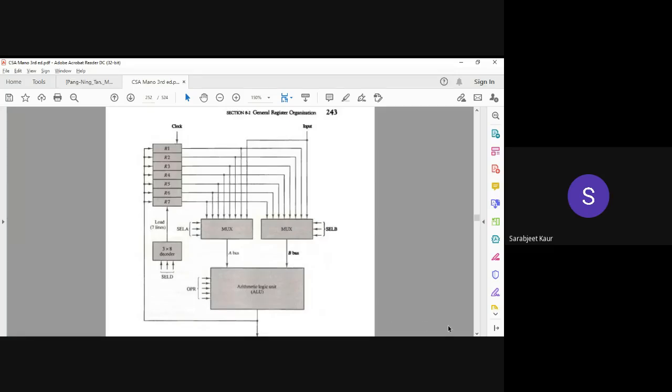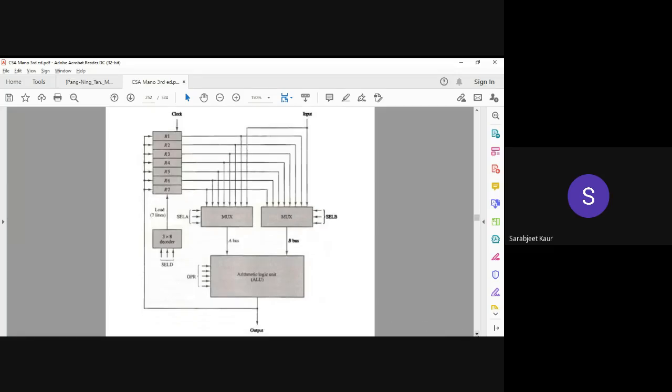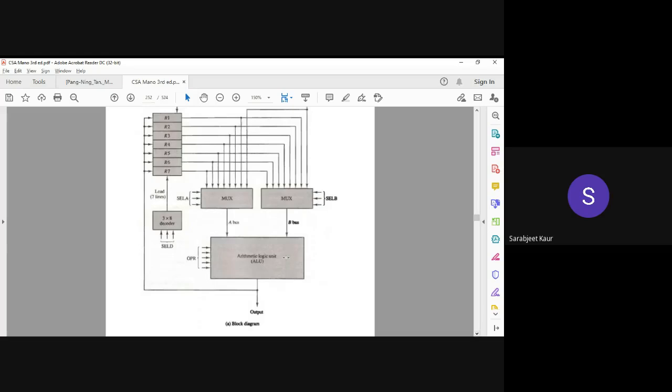Okay. Now these two buses form the input of the arithmetic and logical unit. Now we have 5 input lines which are going to this ALU. These 5 input lines determine which operation, which arithmetic or logical operation, will be performed on these two operands.